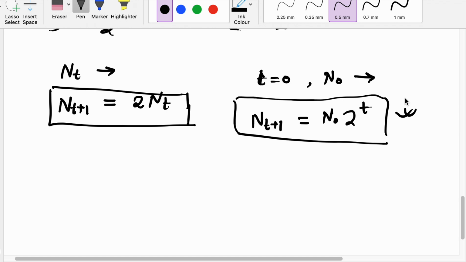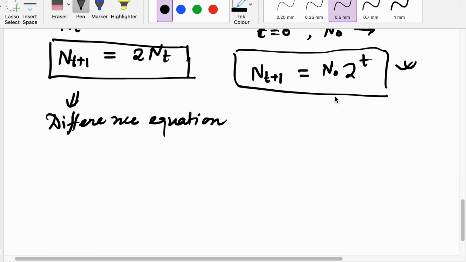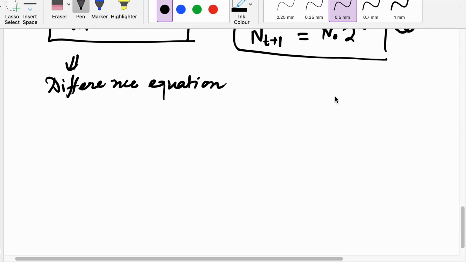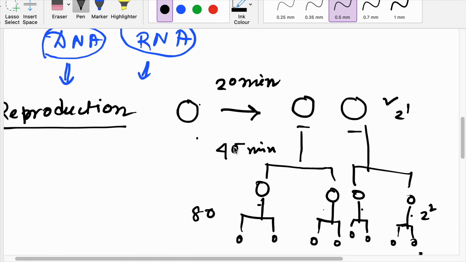Now this is called the difference equation. Now you can write the differential equation corresponding to this. Here we assume that after every 20 minutes, discretely, they reproduce into two individuals.